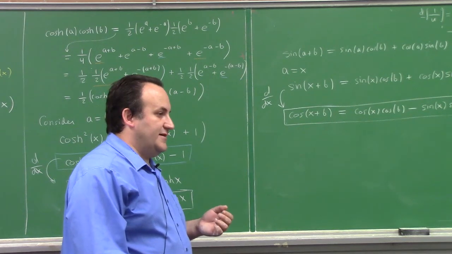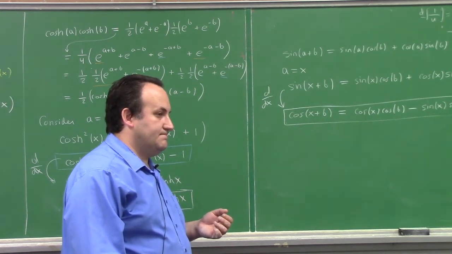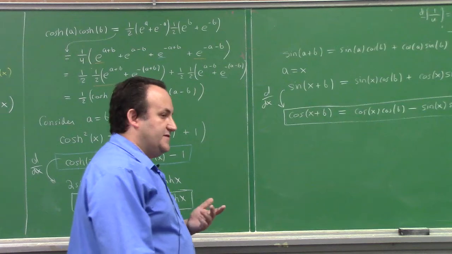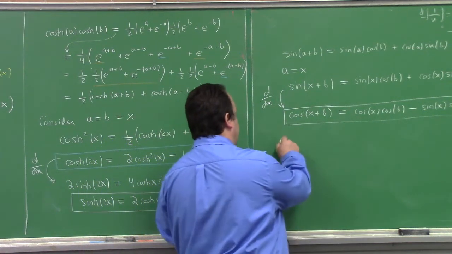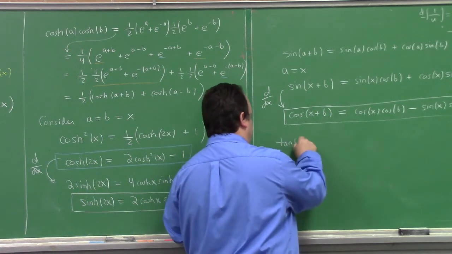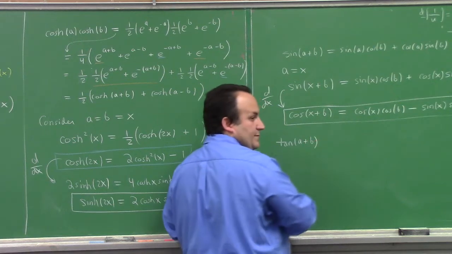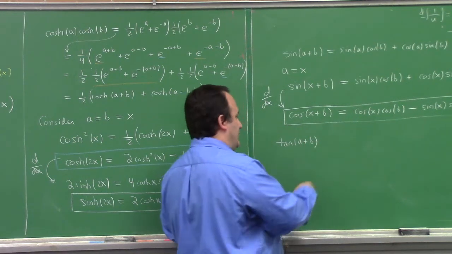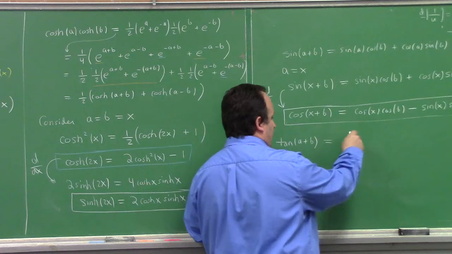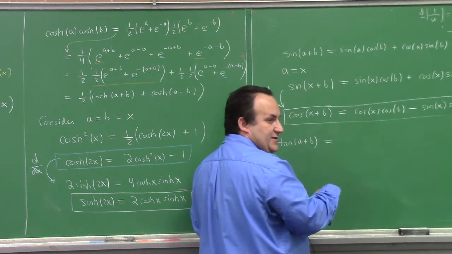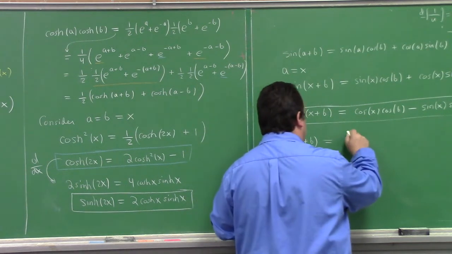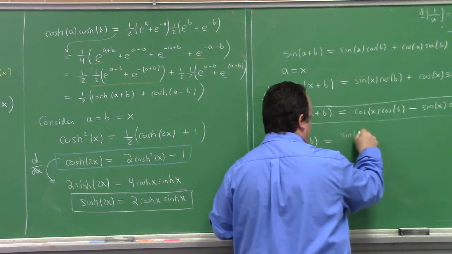Do you guys know the adding angles formula for tangent? Ever thought about this? Like, what's the tangent of a plus b? See, what you do is, okay, so that's sine of a plus b over cosine of a plus b, right? So how's that work?